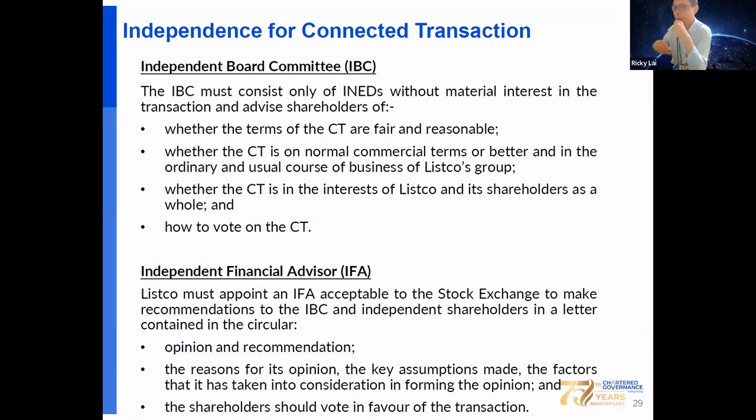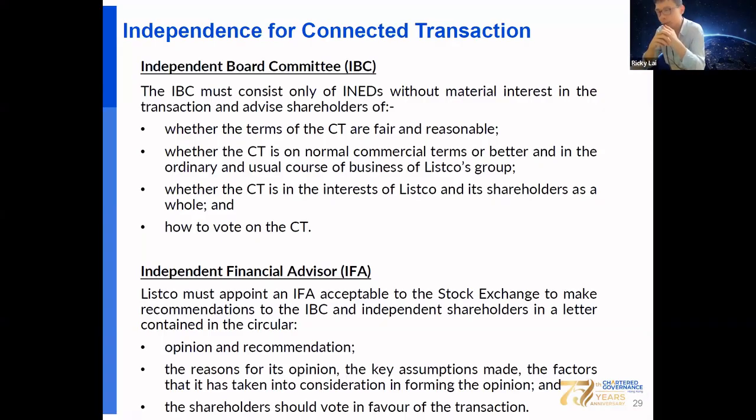And also, in order to give advice to the independent shareholders, the IBC requires that the company must appoint the IFA, which is acceptable to the stock exchange, to make recommendations to the IBC and independent shareholders.